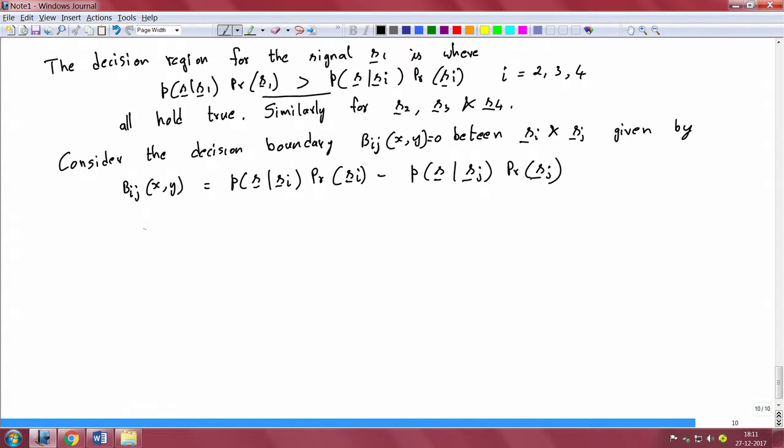And looking at this, we can easily say that Bij of x comma y is minus of Bji of x comma y, for all i not equal to j.